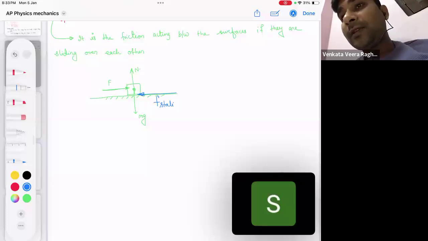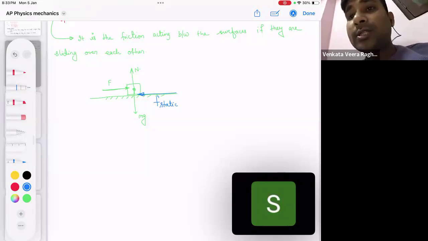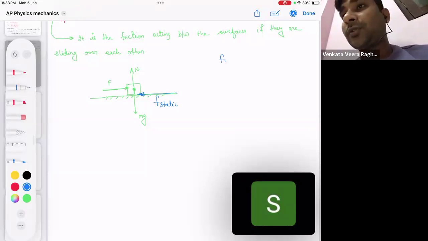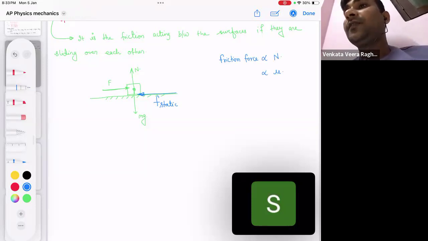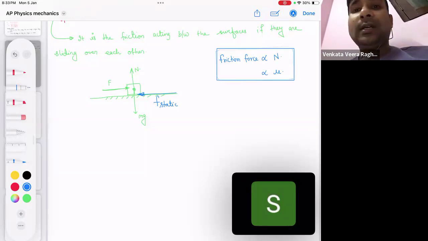F static. So static friction or kinetic friction or any kind of friction force depends on two factors. What are the two factors? The normal acting on the block and the roughness of the surface.